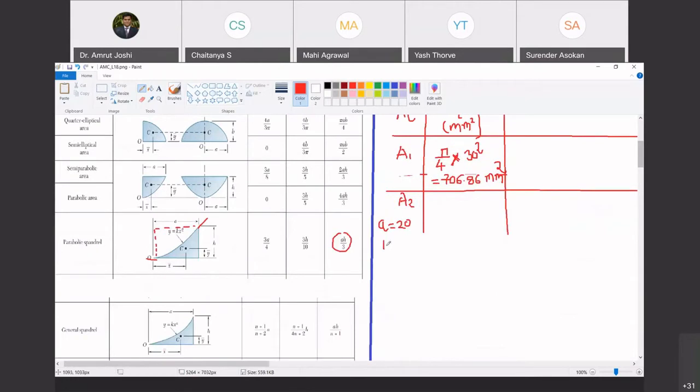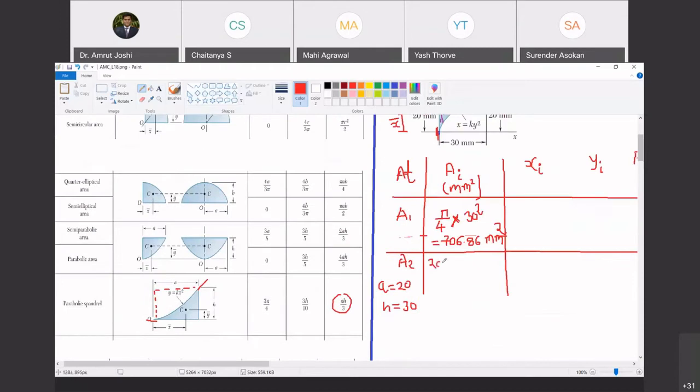H is 30. Great. So you have to carefully use this formula for parabola. Now let us write down AH by 3 is the area. So A into H by 3. So this is 200 mm square. Are you with me? Yes, sir.